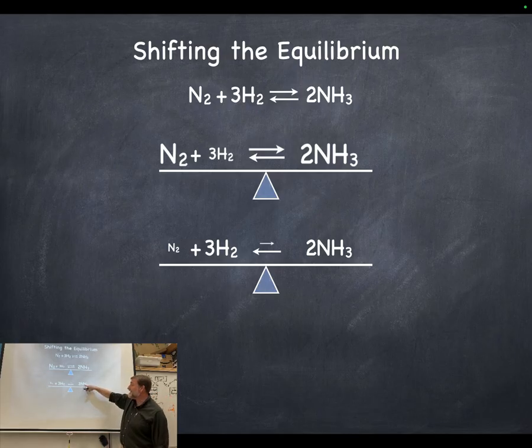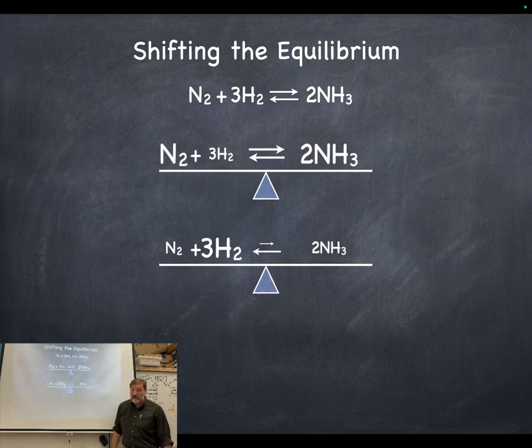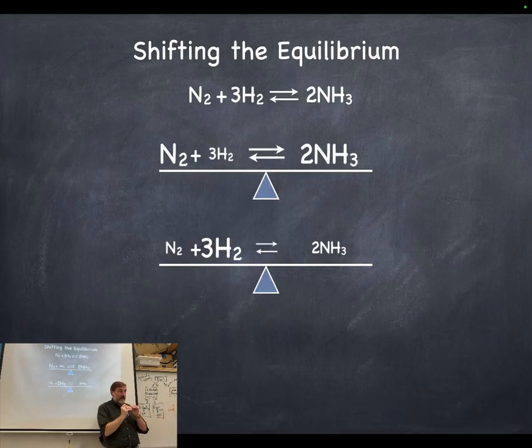So what's happening now is I'm using up ammonia faster than I'm creating it. Okay. The amount of ammonia will decrease, creating more nitrogen and hydrogen, which will speed up the forward reaction and slow down the reverse until they're back into balance.